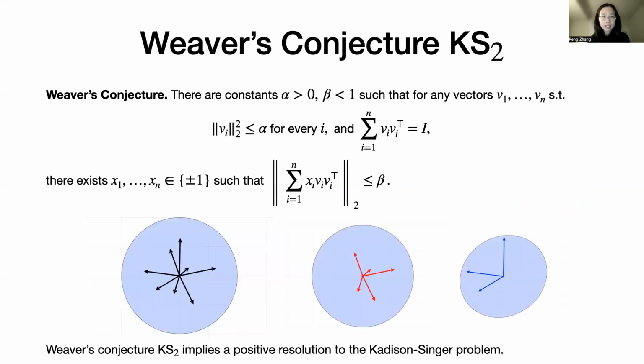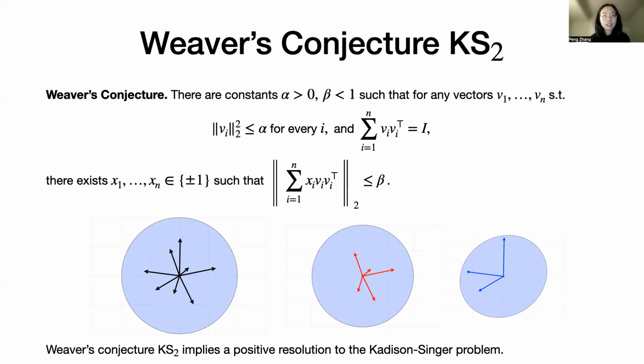Weaver conjectured that there exist two absolute constants, alpha and beta. Alpha is greater than 0 and beta is smaller than 1, such that for any vectors v1 dot dot vn satisfying the following two conditions. The first condition is that every vi has a squared Euclidean norm at most alpha.